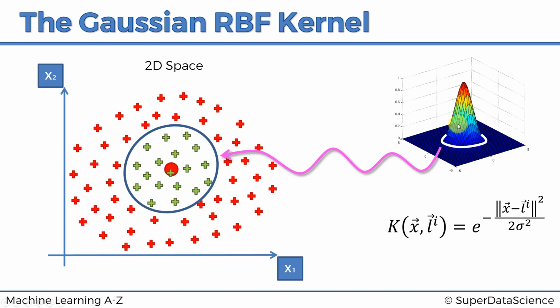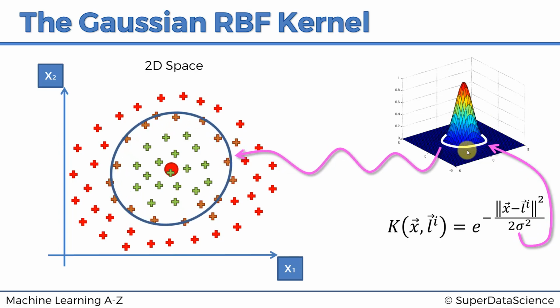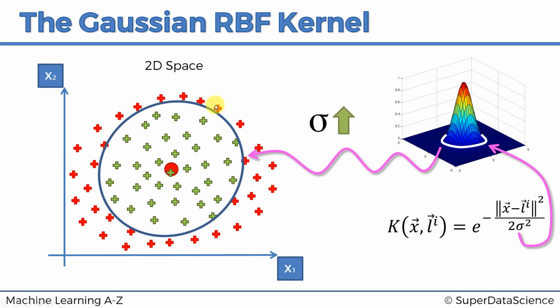That works if we pick the right sigma. Sigma's role is that it defines how wide this circumference is. So if you increase sigma, the circumference will increase. This picture didn't change, but it should: the circumference here would increase, and you would take up more space.